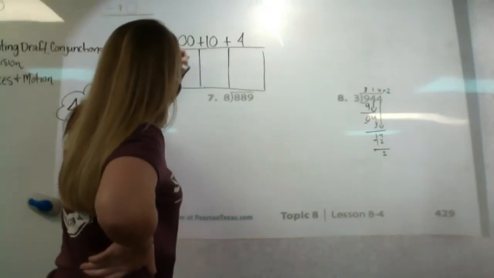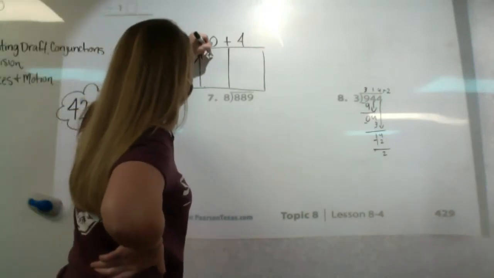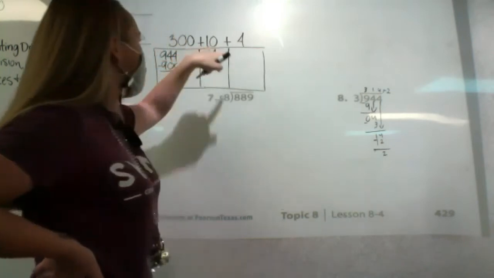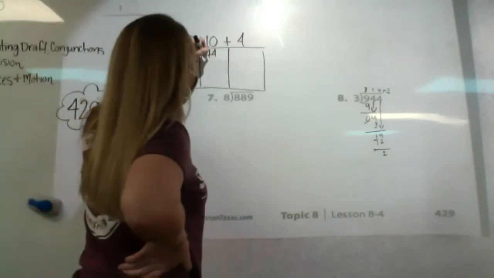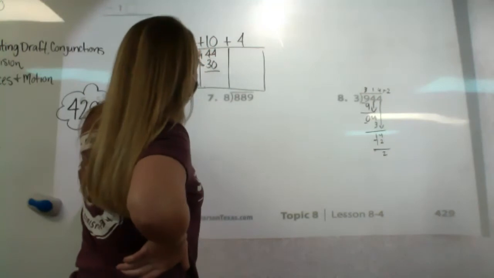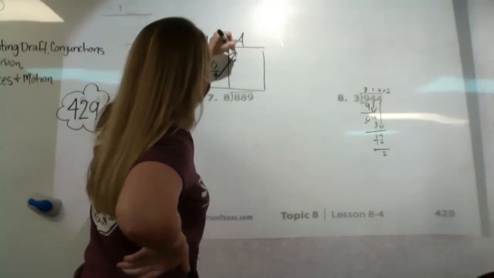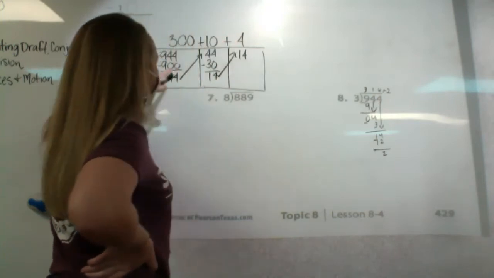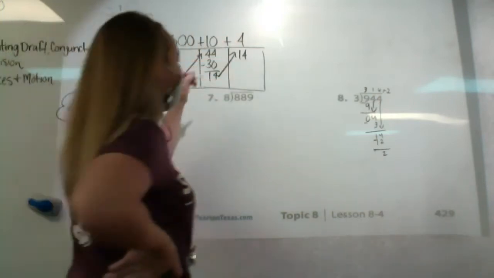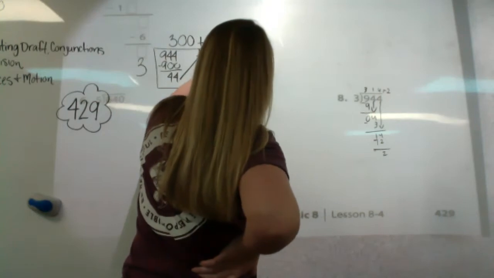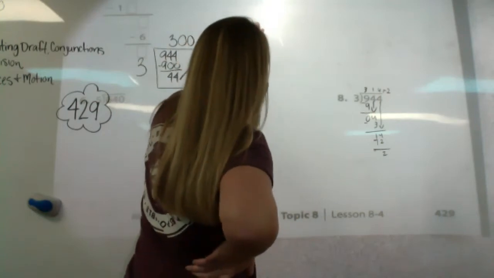So they put that there and then draw an arrow to show it comes up here. Now what's 3 times 10? 30. And you subtract to get 14. And then bring that up here. And what's 3 times 4? 12. And subtract and get. So there's your remainder of 2.